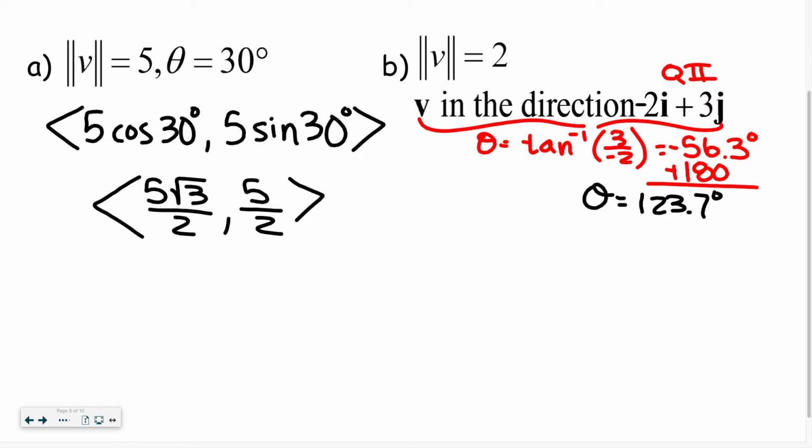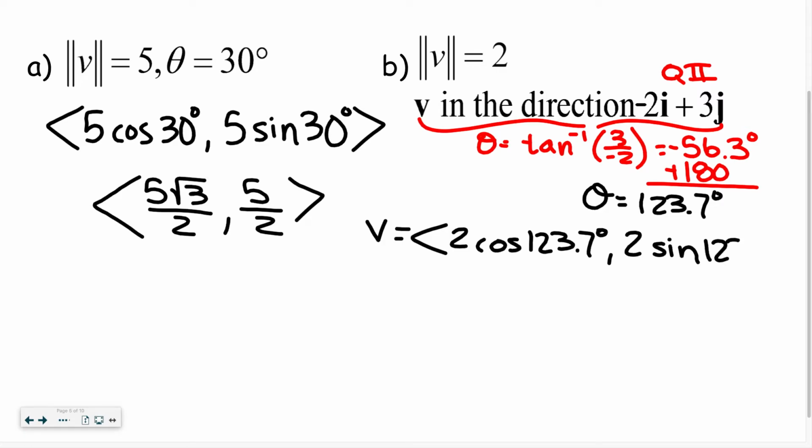So our component form for V will be what? 2 times the cosine of 123.7 and 2 times the sine of 123.7. And then if you wanted to actually get a decimal value, you could type that into the calculator.